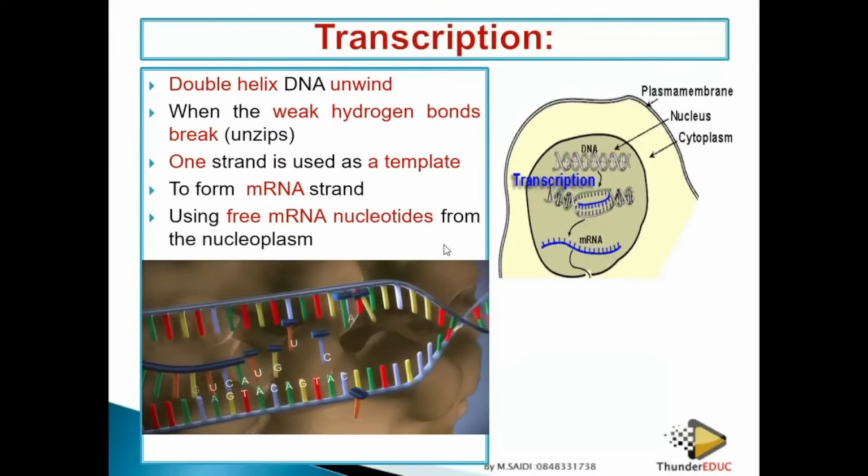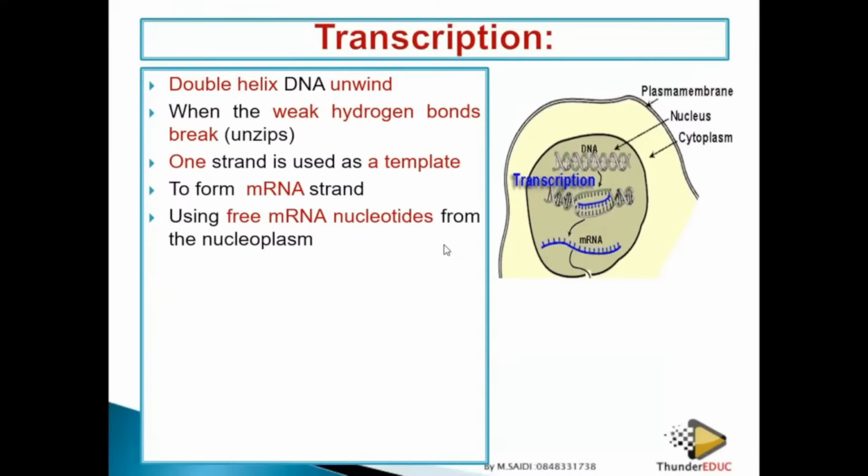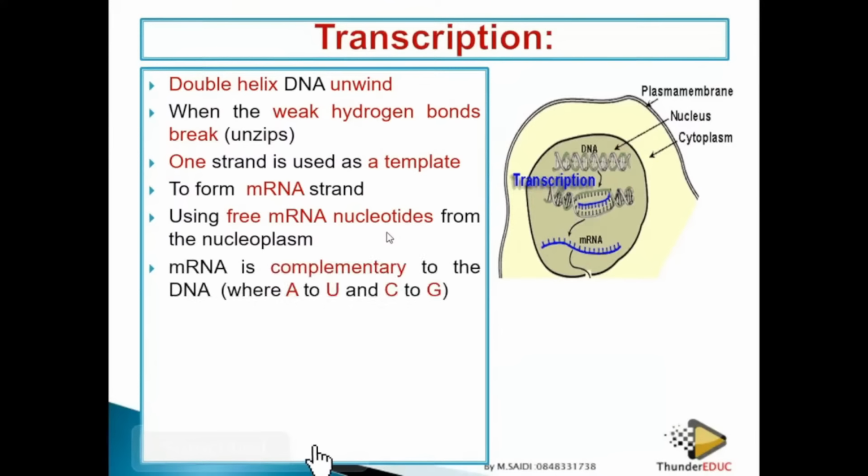Yes, so these free messenger RNA nucleotides which are floating in the nucleoplasm are the ones which we use. If you just say using nucleotides, we will cross it, because we have different kinds of nucleotides in the nucleoplasm. So you have to be specific: free messenger RNA nucleotides.